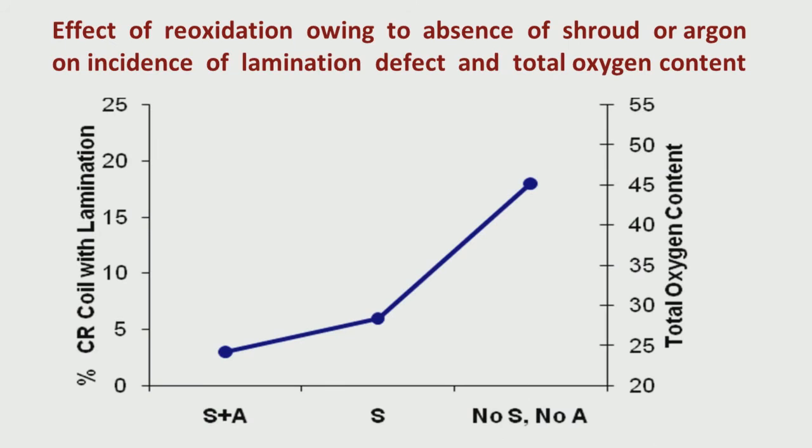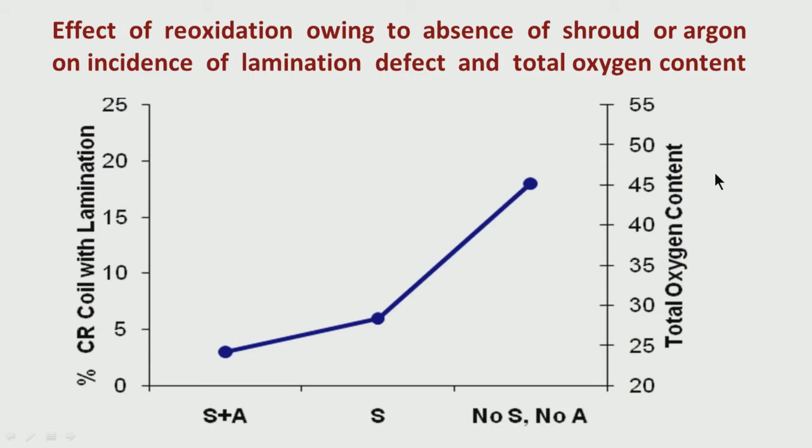Then let me show you what happens if you are not using shroud, either refractory shroud or argon shrouding. We have done a lot of experimentation with this for a continuous caster. If we do not use shroud or argon, then what is the level of total oxygen content? Total oxygen content, I have told you, is basically a measure of dissolved oxygen plus oxygen as oxide.